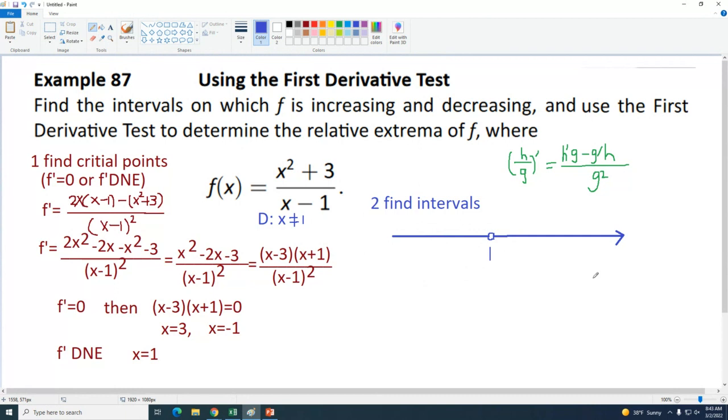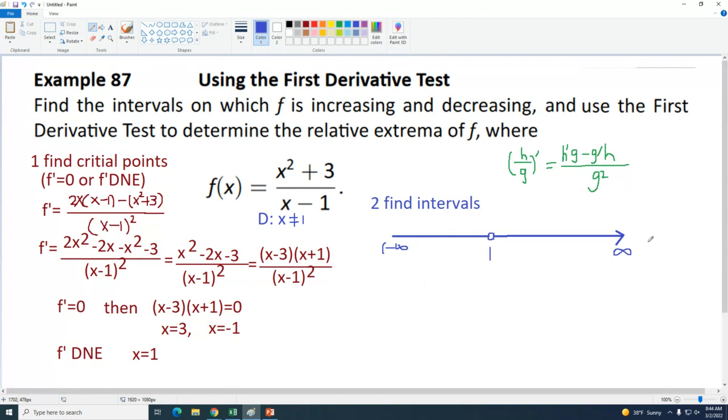And then we have negative infinity to 1 and 1 to positive infinity. That is already separating the entire interval into 2 parts. So we have negative infinity. We still mark it because it's going to be part of the endpoints. And then we also have the points that we found in step 1: we have 1, we have negative 1, we have 3. As you label all these points on your number line, make sure they are ordered from left to right, small to big.